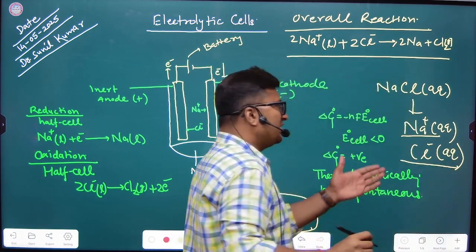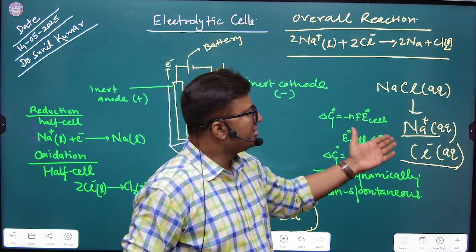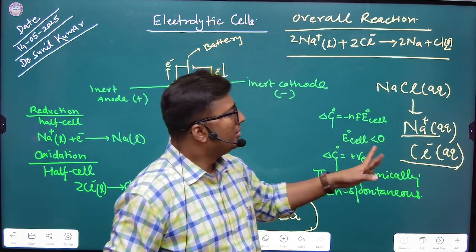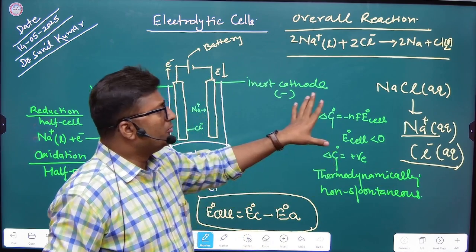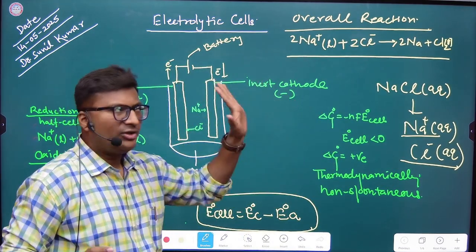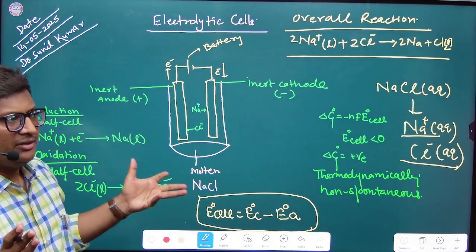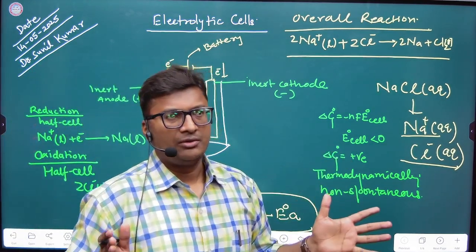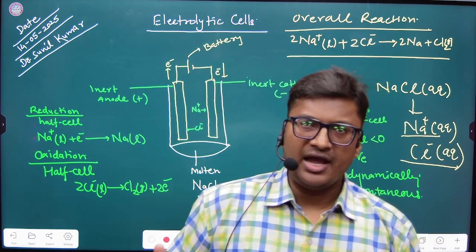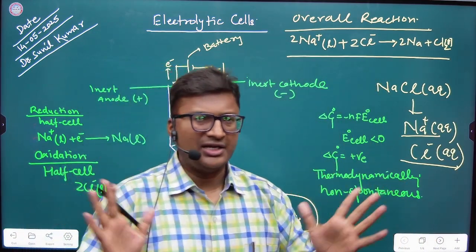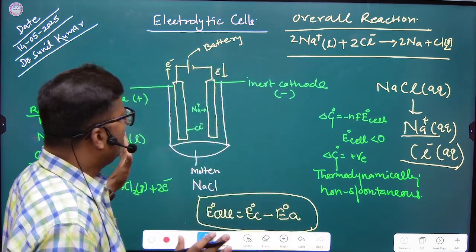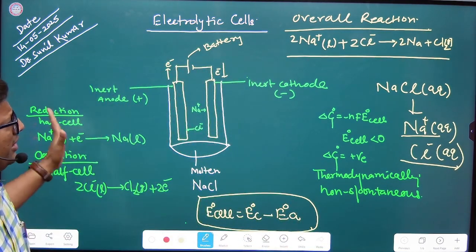So the presence of these cations and anions signifies that the sodium chloride aqueous solution will act as an electrolyte, right? Even you can simply use water, because water contains H plus and OH minus. So water itself works as an electrolyte.